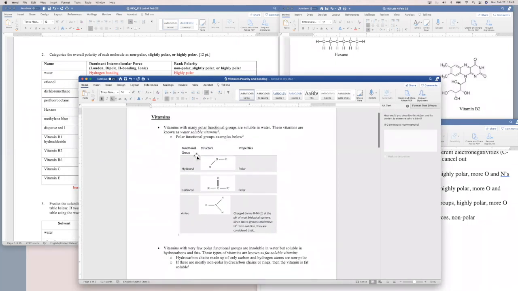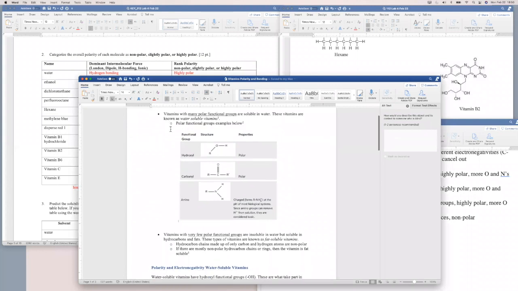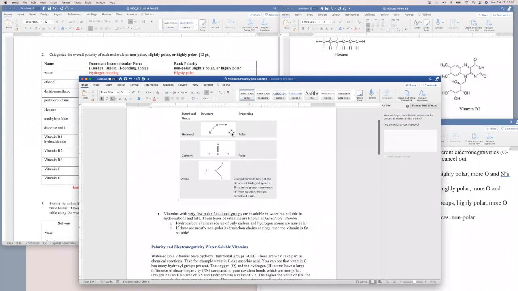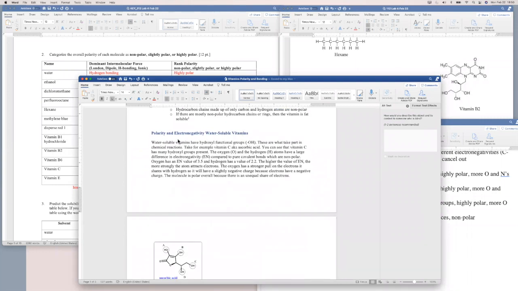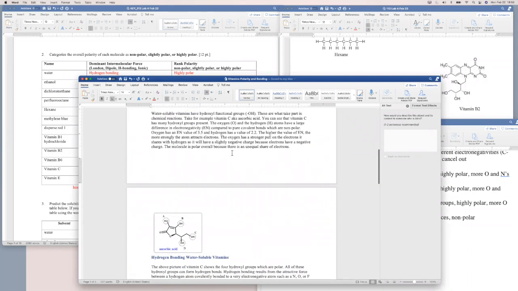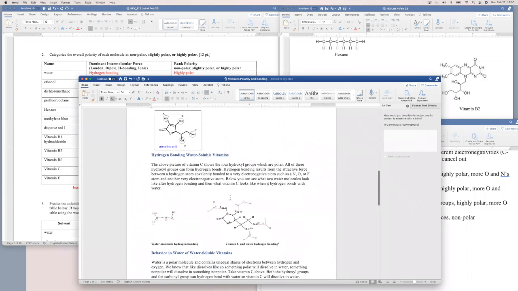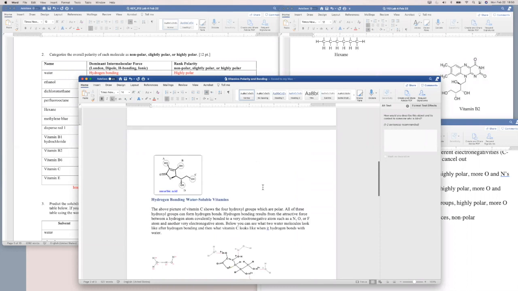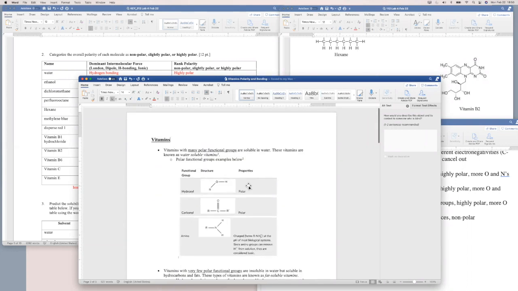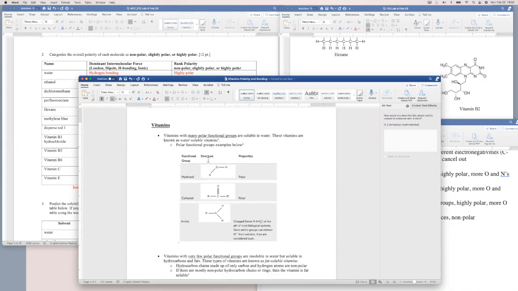If you're interested in learning a little bit more about vitamins and the functional groups on them, this is up on 2U, and I wrote more in depth about the polarity and their behavior in water. I'll bring that up when we go to vitamin C, but this is also on 2U if you wanted just a little bit more information.